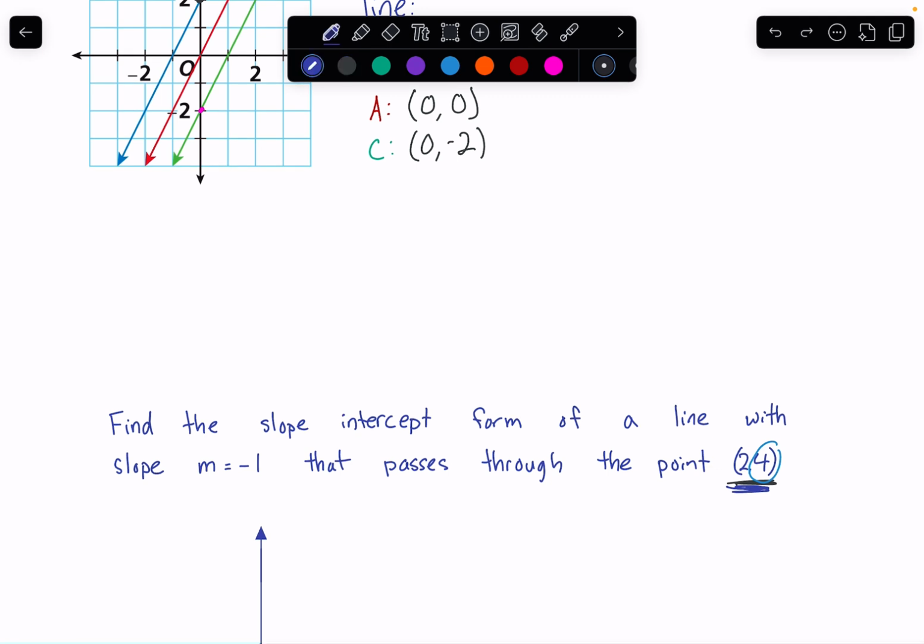Any straight line, so any linear function, can be represented in the form y equals mx plus b, where m, as we already know, is the slope. Oops, that's not how you spell slope. That's slope. And the only thing new is that the b, right, the b is the y-intercept.